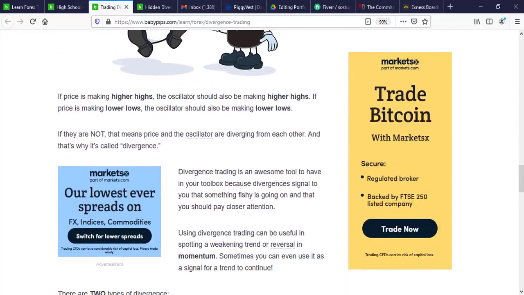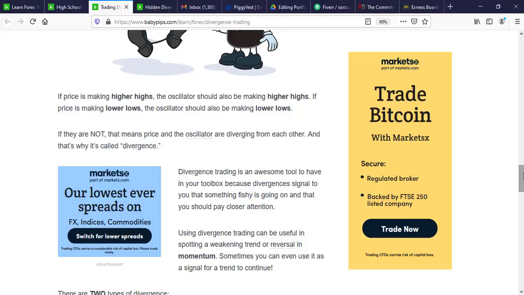If price is making higher highs, the oscillator should also be making higher highs. If the price is making lower lows, the oscillator you are using should also be making lower lows. However, if price is making higher highs and the oscillator is not making higher highs, then this is called divergence. They are diverging, they are separating from each other, they are not going the same way, because we just learned that price and momentum move in the same direction.